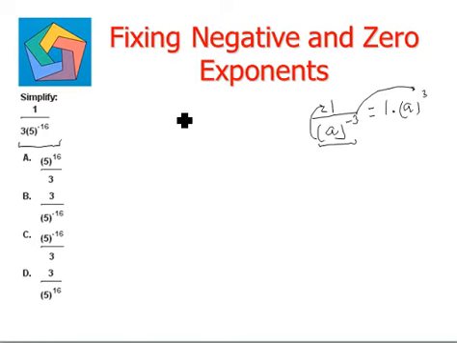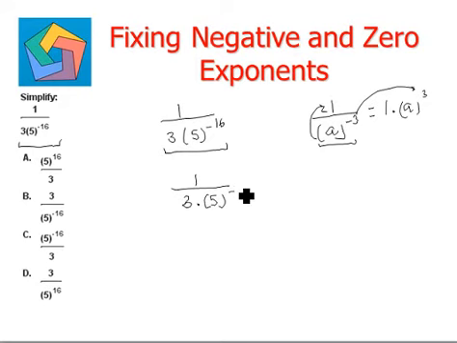The first one is 1 divided by 3 times 5 to the power of negative 16. Here we see that we have one term in the denominator, that is 3 times 5 to the power of negative 16. Now let's write it down as 1 divided by 3 times 5 to the power of negative 16. We have to move only that particular part which has the negative exponent, that is 5 to the power of negative 16, to the numerator, while 3 will remain in the denominator.